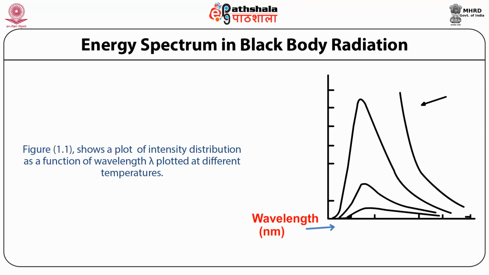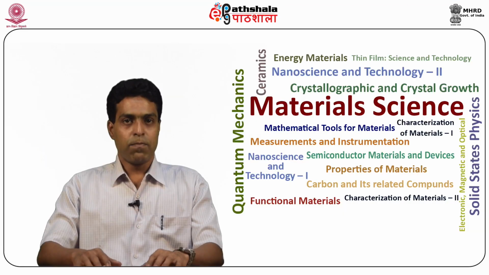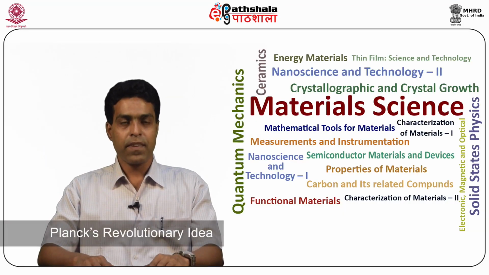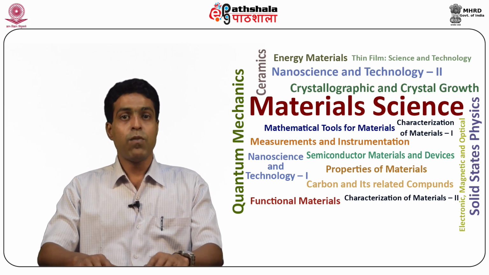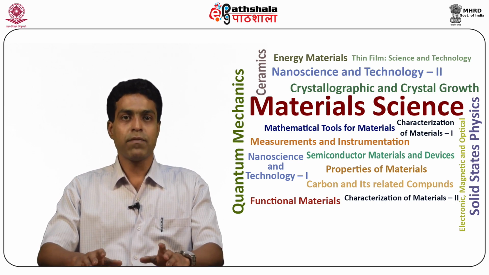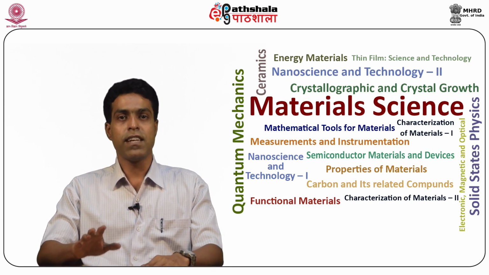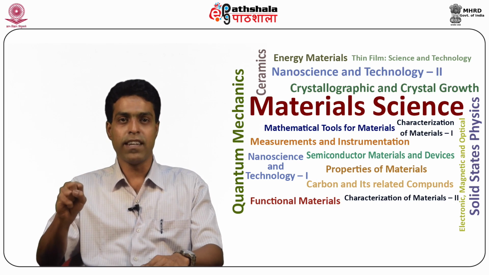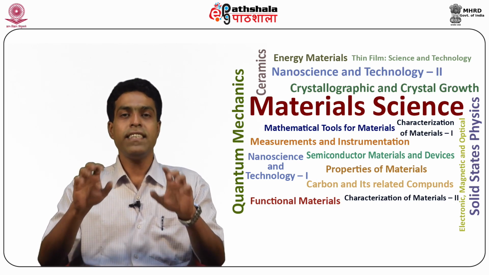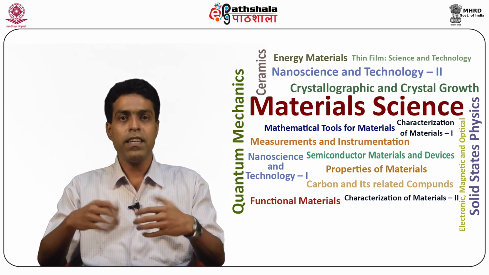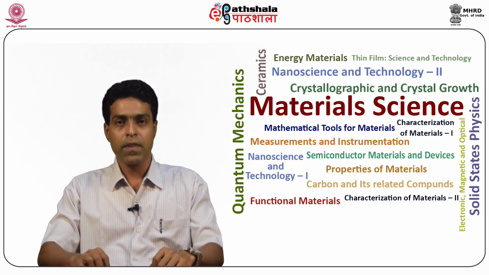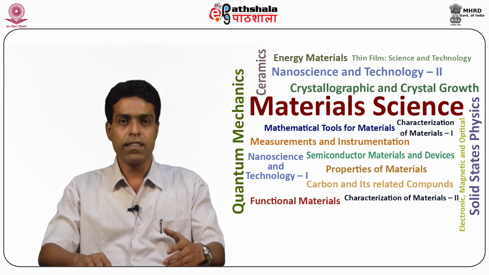And the number of oscillators per unit volume being equal to 8 pi nu square by c cube, we finally get Planck's revolutionary idea. In 1900, Planck put forth the idea that matter absorbs or emits radiation energy not continuously but rather in discrete quanta, assuming, as in classical theory, that a black body is composed of oscillators in equilibrium with the radiation field.